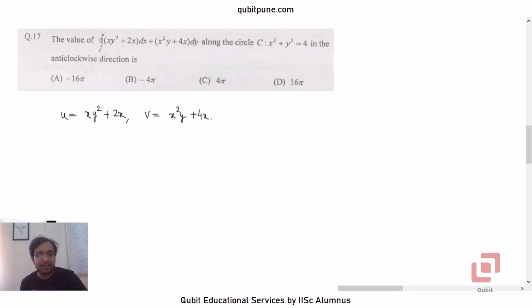First of all, we will write it in our usual notations. So xy squared plus 2x will be u, and x squared y plus 4x will be v. Now what is the Green's theorem?